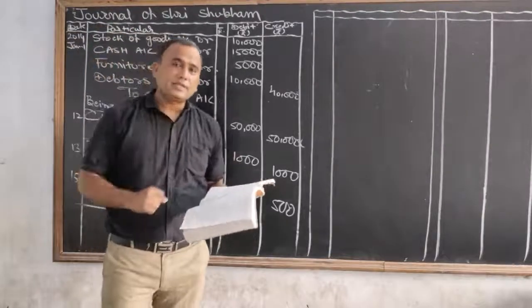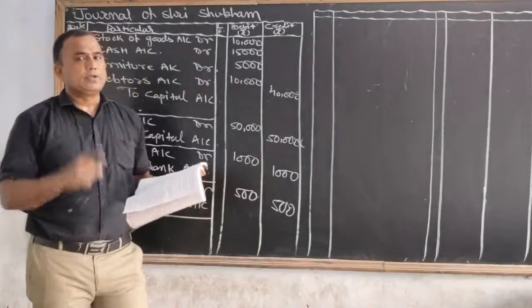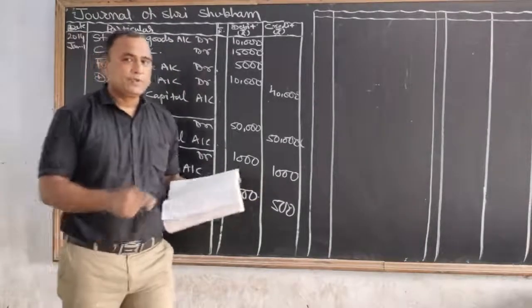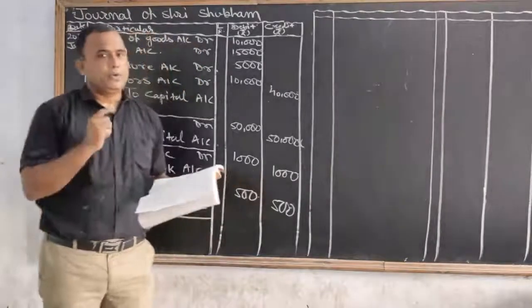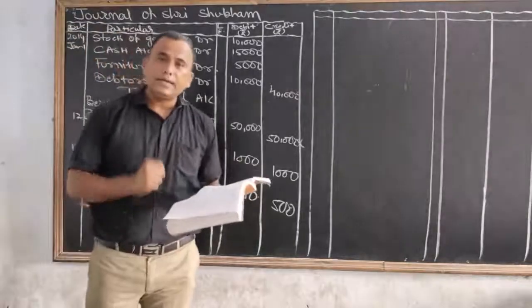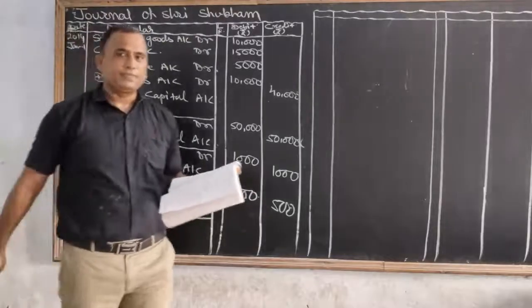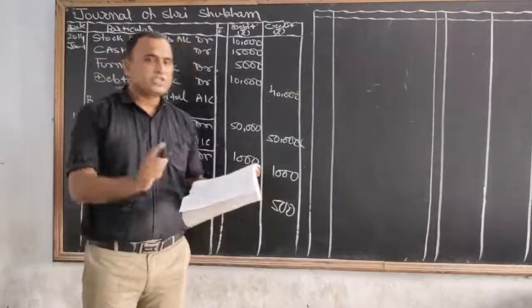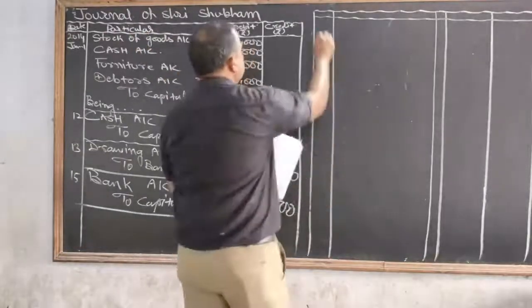Owner withdrew goods as well as cash from the business. So that is known as drawing. So 3 accounts are affected here. First one is drawing account, second one is cash account, and third one is purchase account.